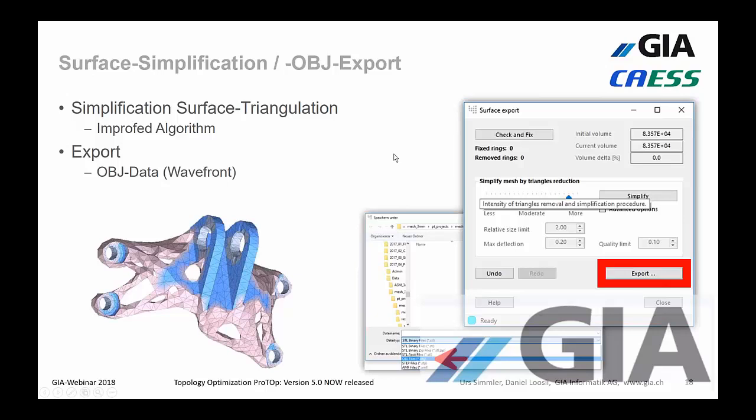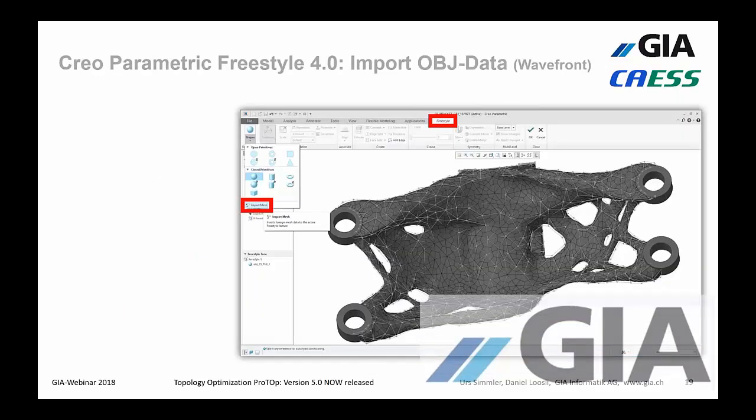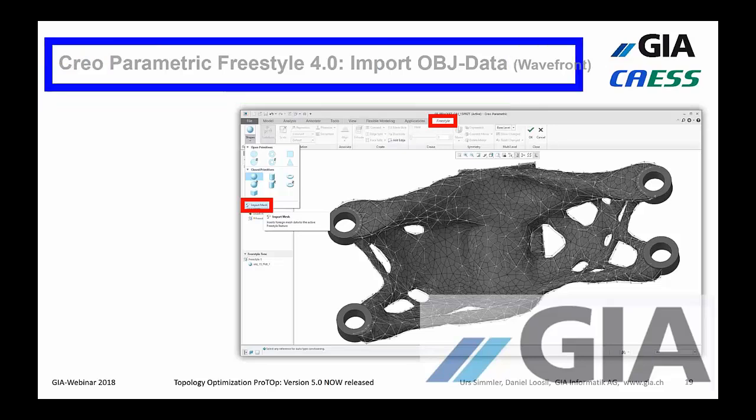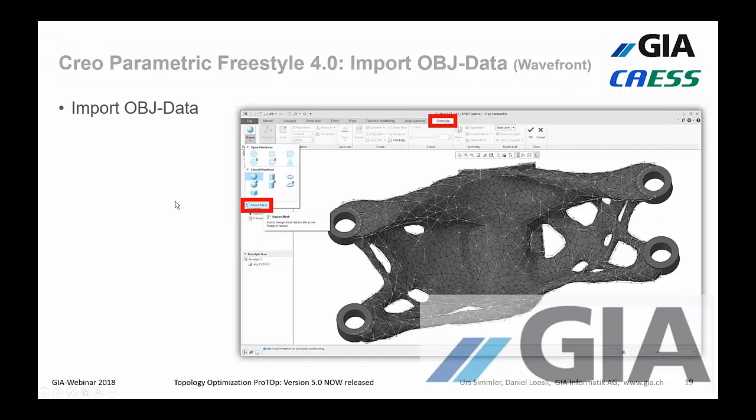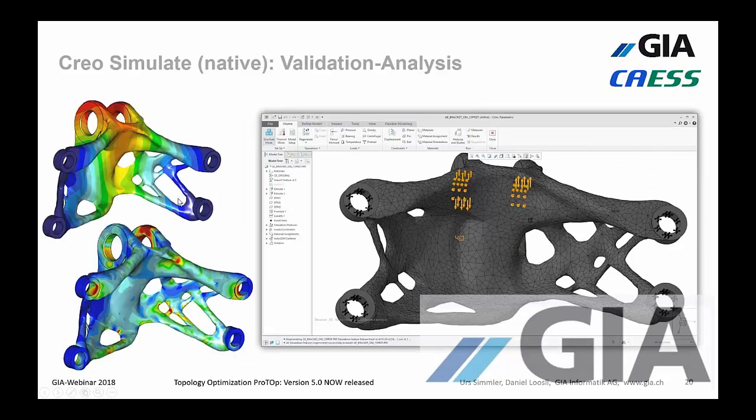That's very important, and when you're thinking about Creo Parametric, in Creo Parametric 4.0 we have this free option to import this OBJ data. That gives me the capability in Creo Parametric to import this OBJ data and to do some validation calculation. I'll show that also in the live demonstration.